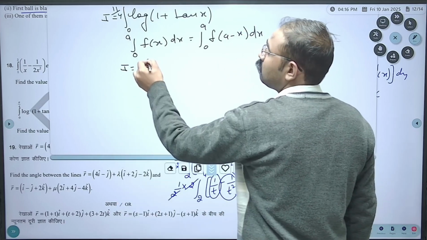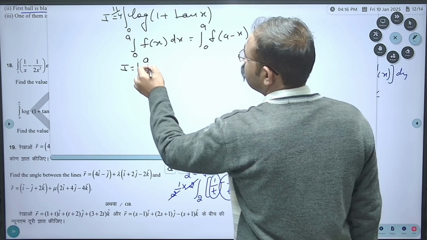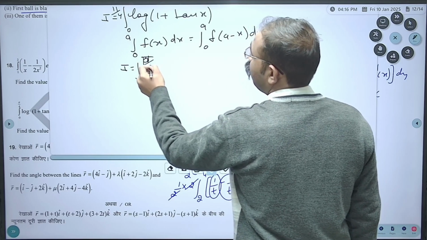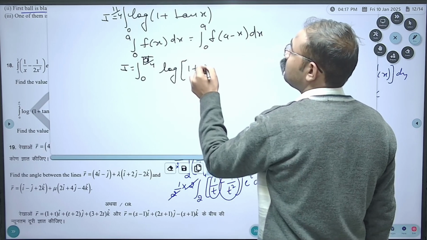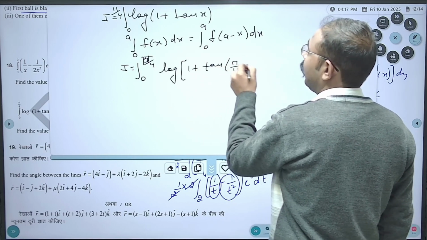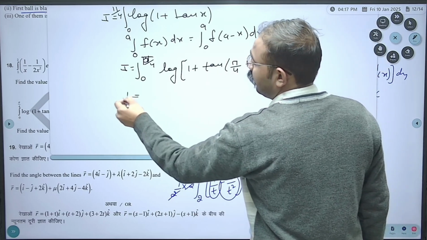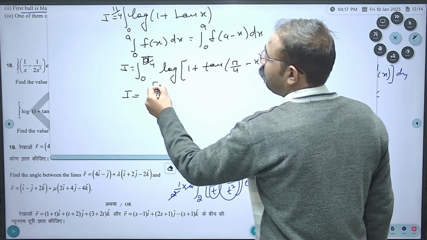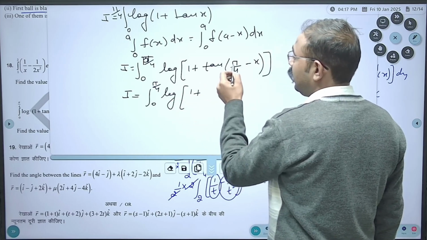integration 0 to a, and at the place of a we have pi by 4, log 1 plus, at the place of x we will write pi by 4 minus x. I is equal to integral 0 to pi by 4 log 1 plus tan(a minus b).